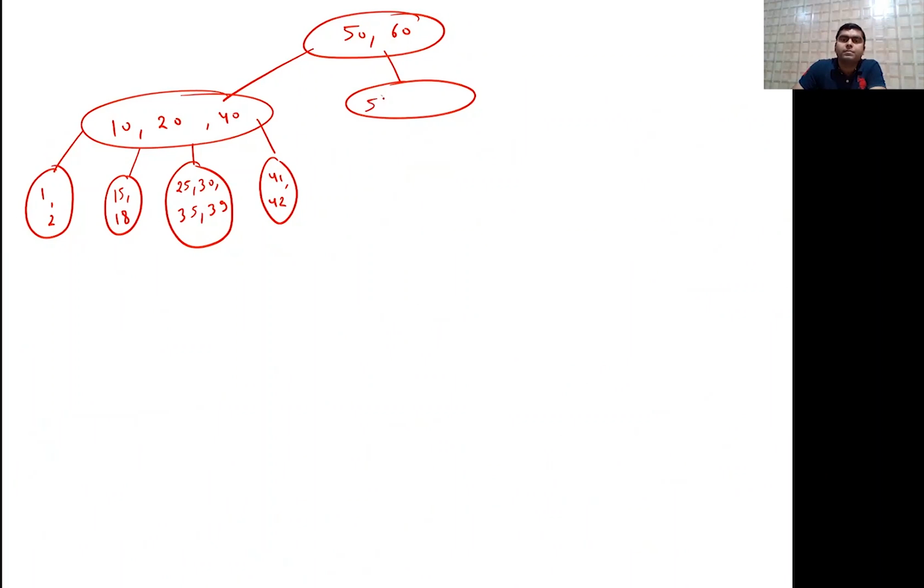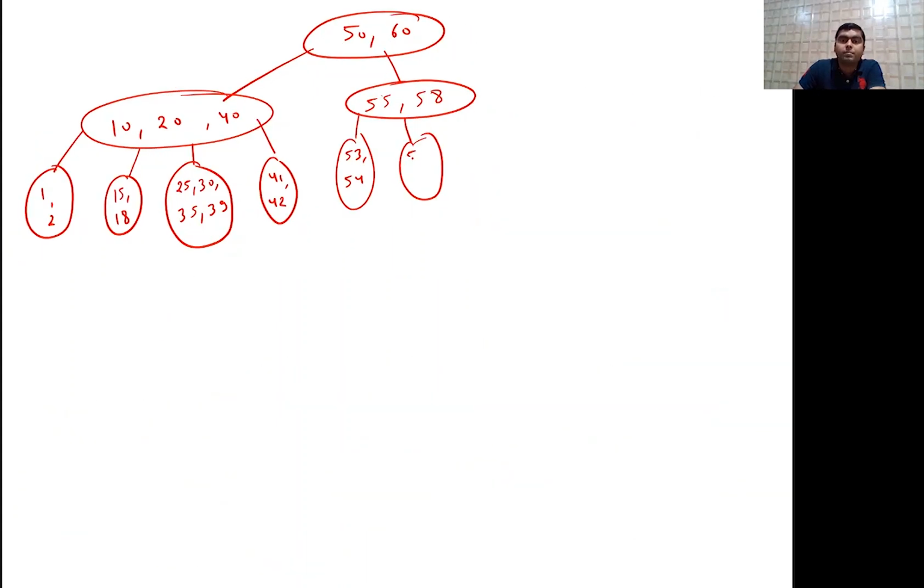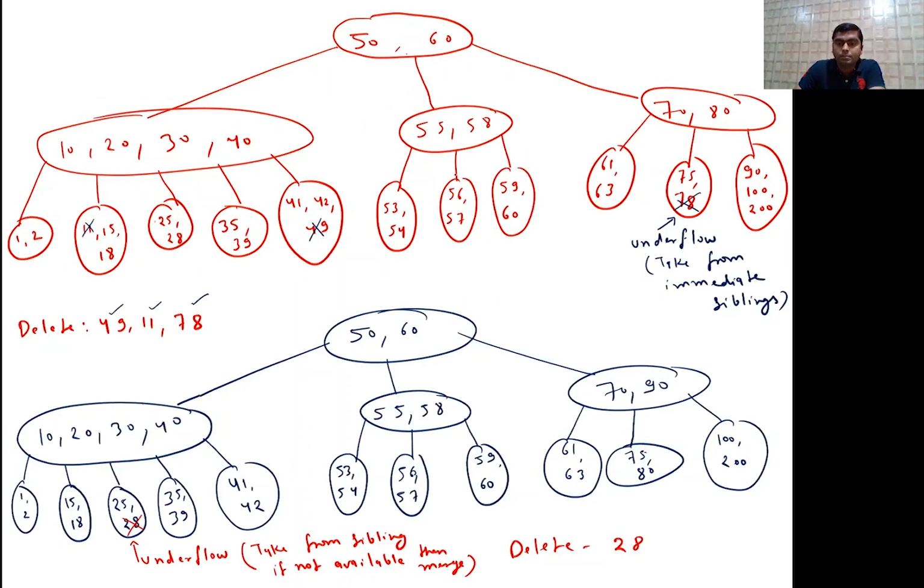So it is 55 and 58, and left of 55 is what? Left of 55 is 53, 54. It is a big tree, that's why it is taking time. So 53, 54 and 56, 57, and after 58, what is there? 59 and 60.